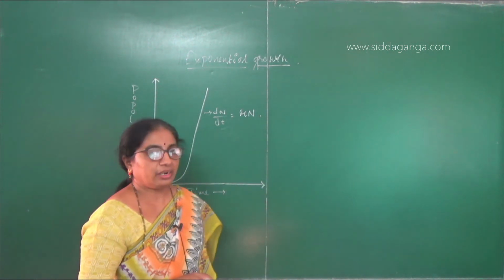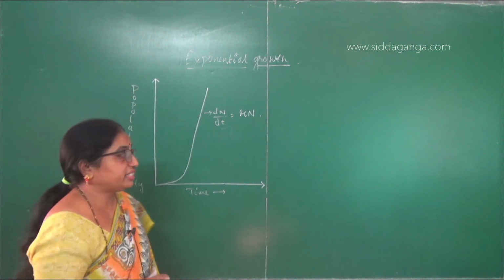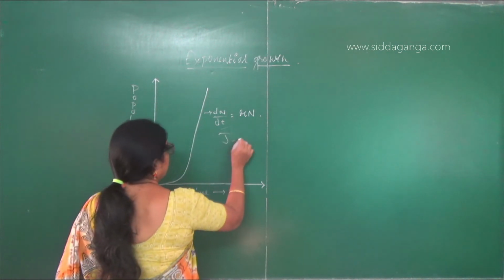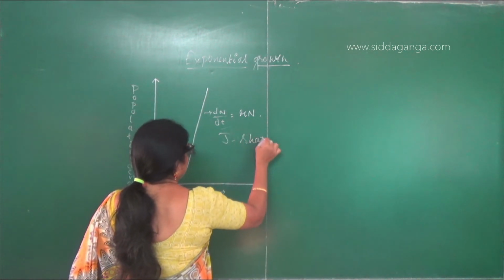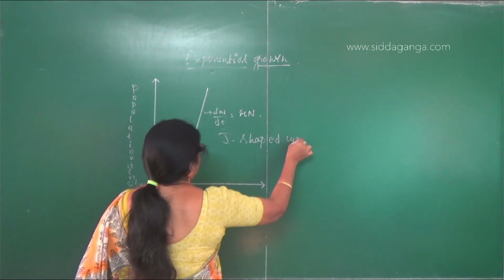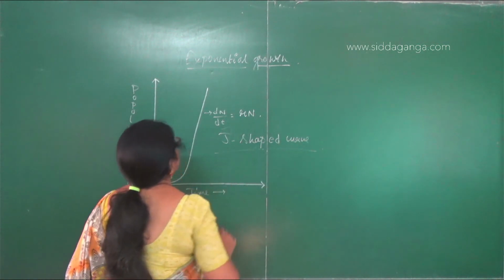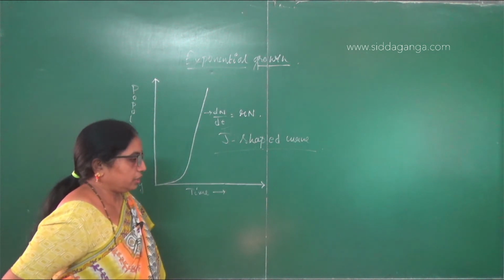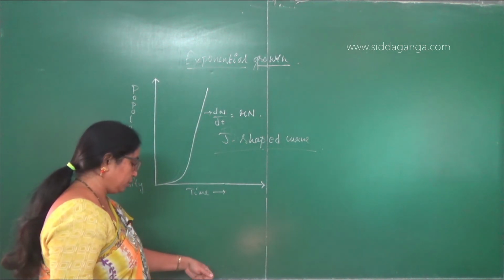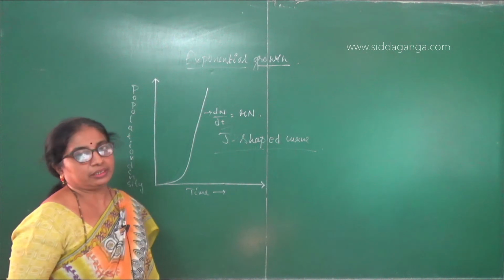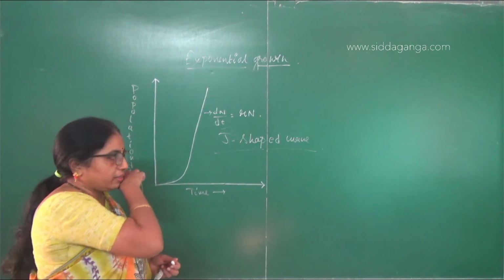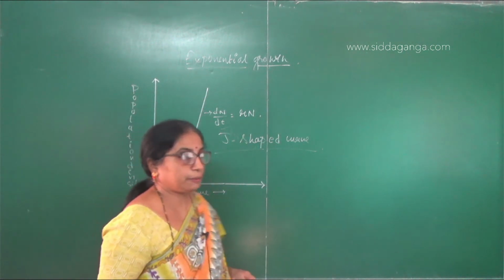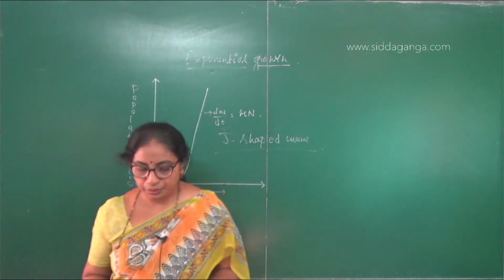The graphical representation tells that it is a J-shaped curve. They will ask in the exam: exponential growth leads to a dash shape of curve. So it is a J-shaped curve. Next is logistic growth.